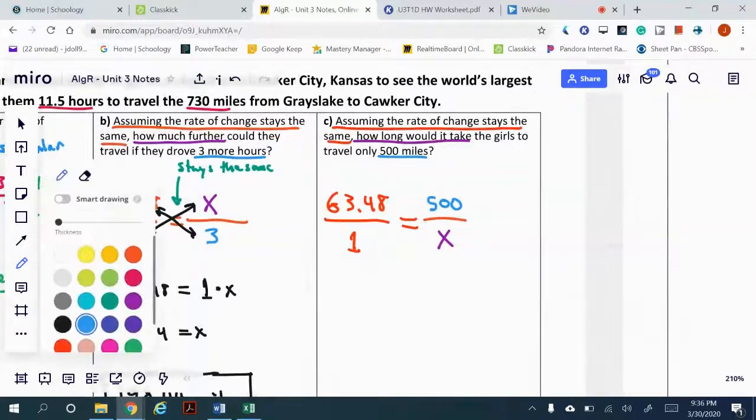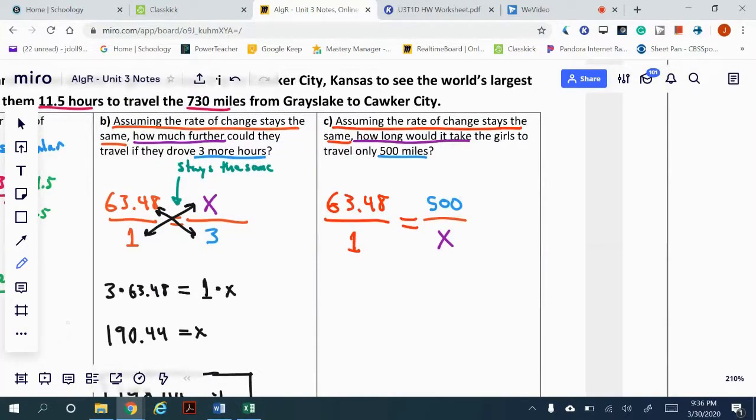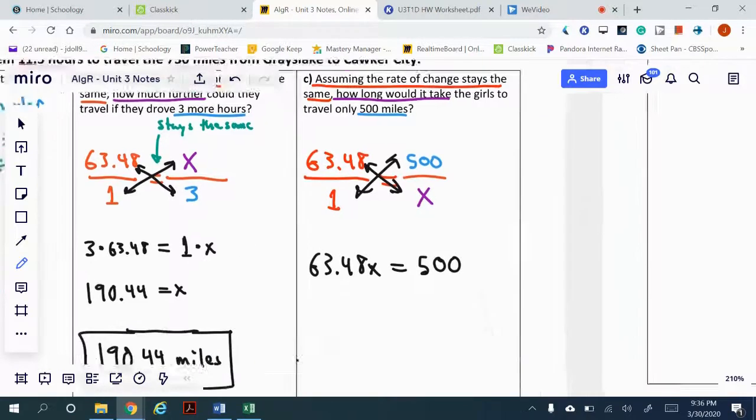All right, guys, we're going to solve this exactly the same way. This is a proportion. Two fractions equal each other. So if this is actually equal, which we're saying it is, then 500 times 1 should be equal to 63.48 times x. So we get 63.48 times x equals 1 times 500, which is 500.